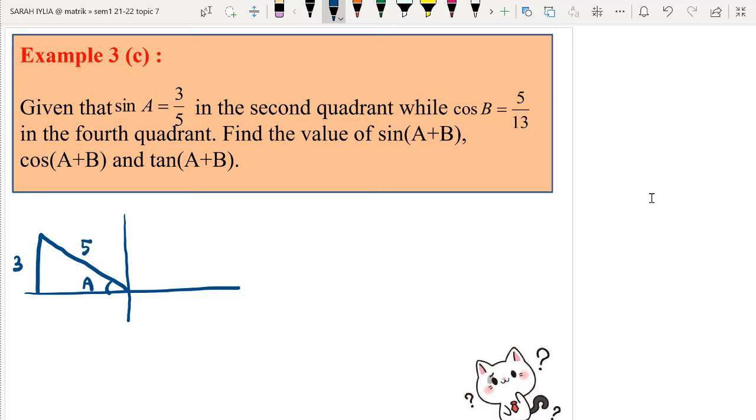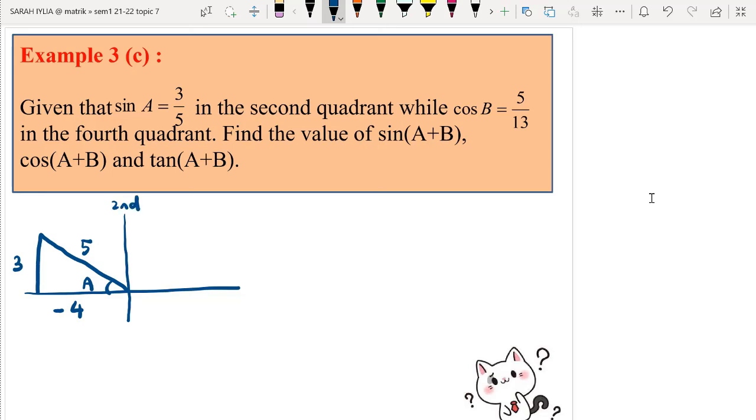Pakailah Pythagoras theorem. Dapat 4 kat situ. Okay. Kat sini kena hati-hati. This is second quadrant. Kalau kita tengok paksi, ini bahagian negatif kan untuk X. So kita kena tambah sendiri nilai kita negative 4. Or else awak akan jadi salah nanti nak cari cos dengan tangent. So yang ni hati-hati. Okay. So ini untuk second quadrant.